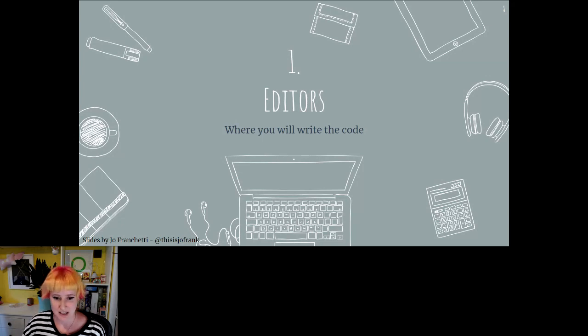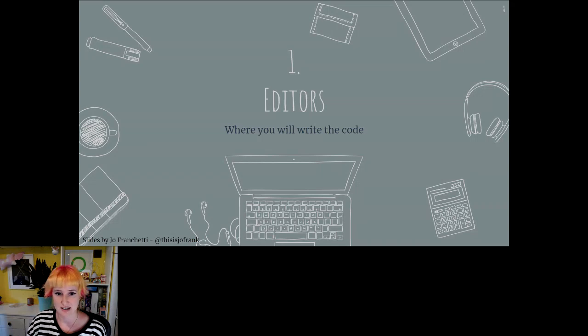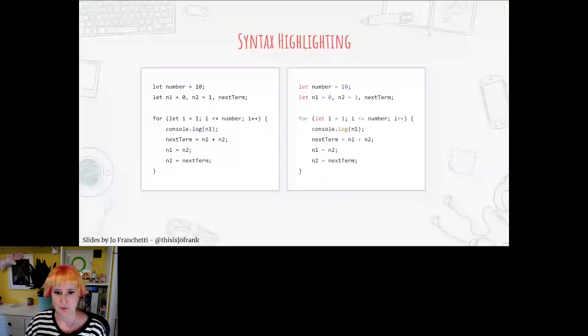Some of the fundamentals that you'll be looking for in an editor, the first one is syntax highlighting, which is when it adds colors to your text to make it easier to read and sort through quickly. The best editors allow you to customize these colors as well, so you can pick a theme. You know, if you prefer to have your computer in dark mode, you'll be able to set it to dark mode. I use a theme called Fairy Floss in my editor, which makes it all pink and purple, which makes me very happy.